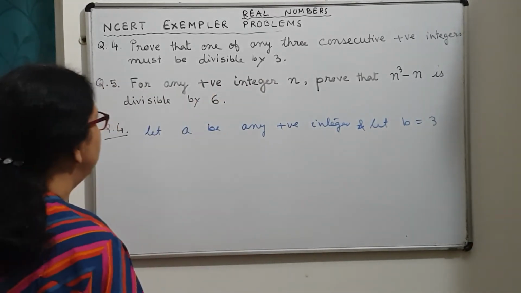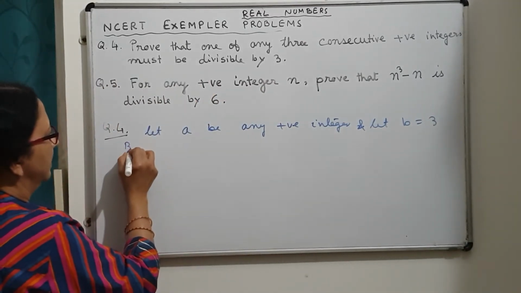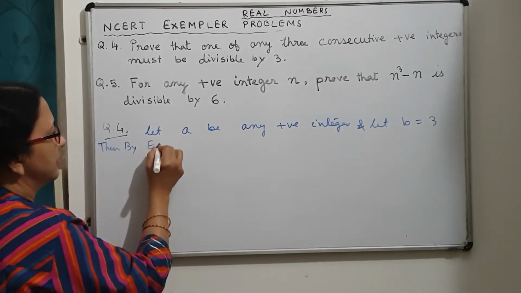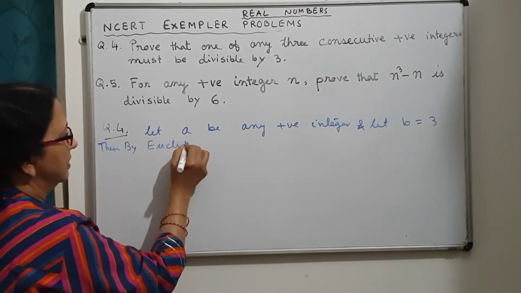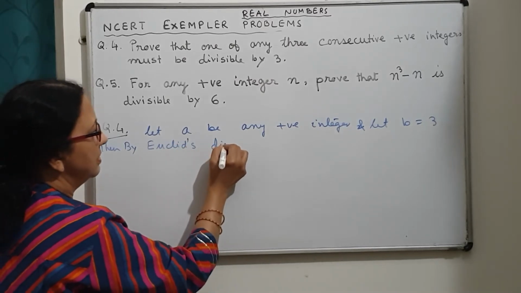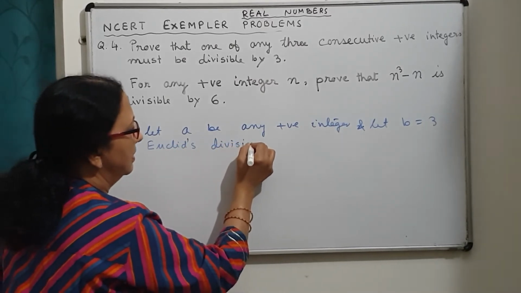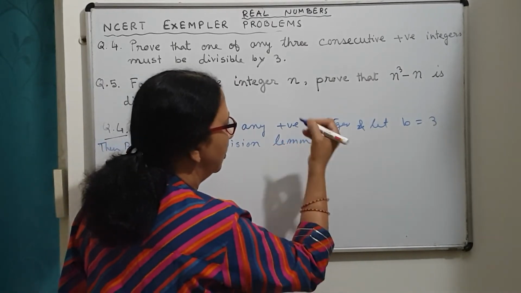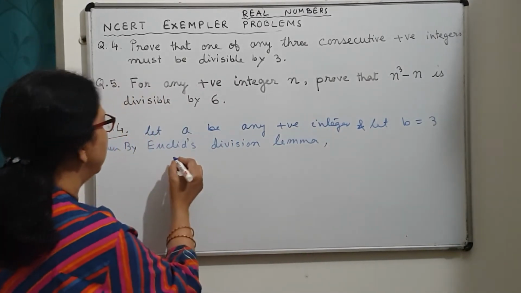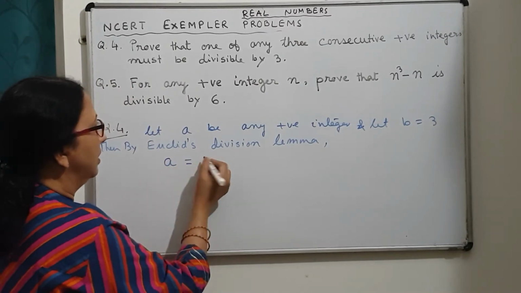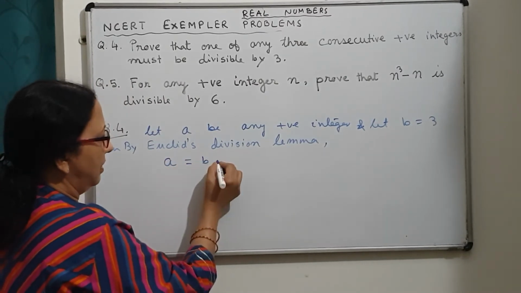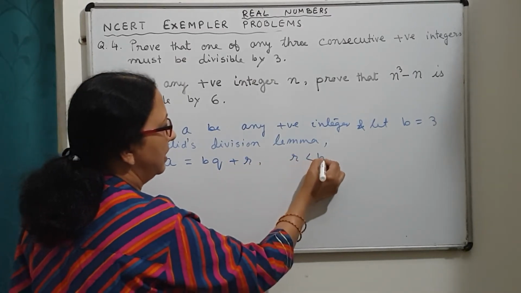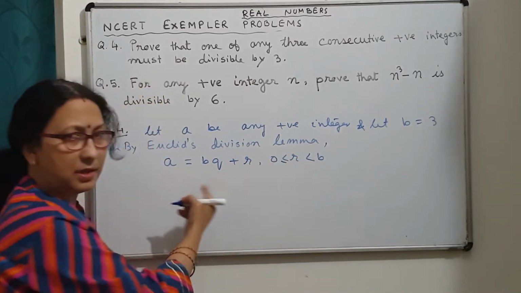Then by Euclid's division lemma, we can write, if you remember, that the lemma was a is equal to bq plus r, where r is less than b and more than or equal to 0. This was Euclid's division lemma.